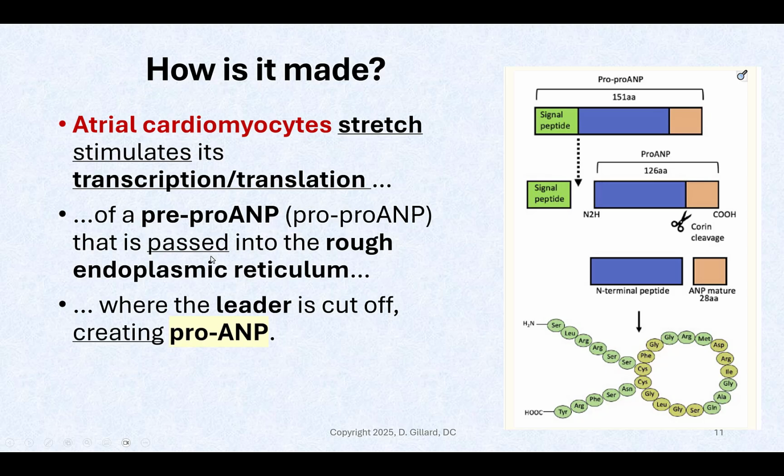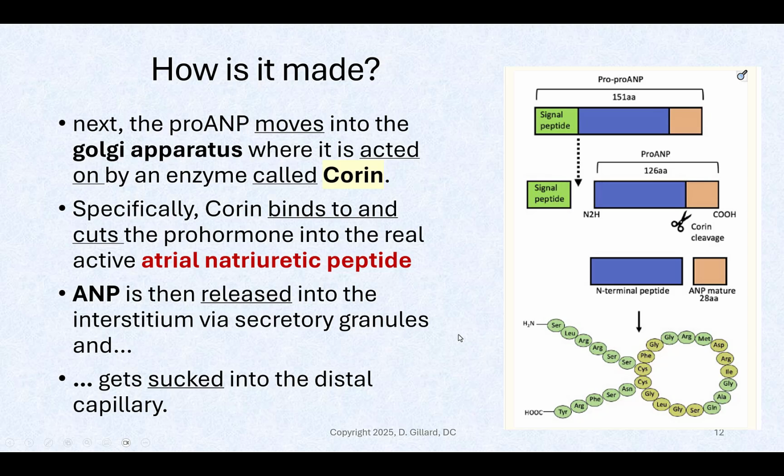And that is kicked into the rough endoplasmic reticulum, as almost all proteins are after they're made. And the leader, the signaling part, gets chopped off, and that leaves us a pro-ANP product, which is still inactive.